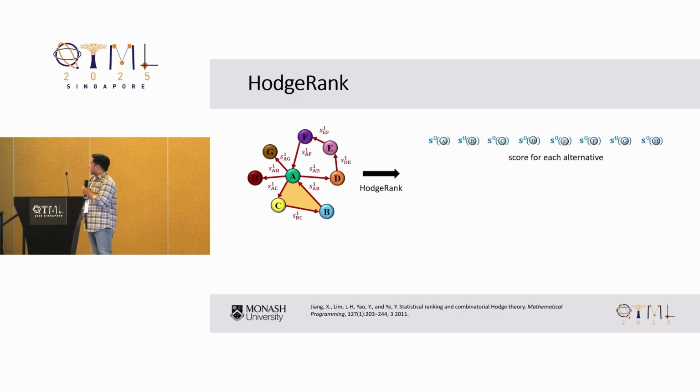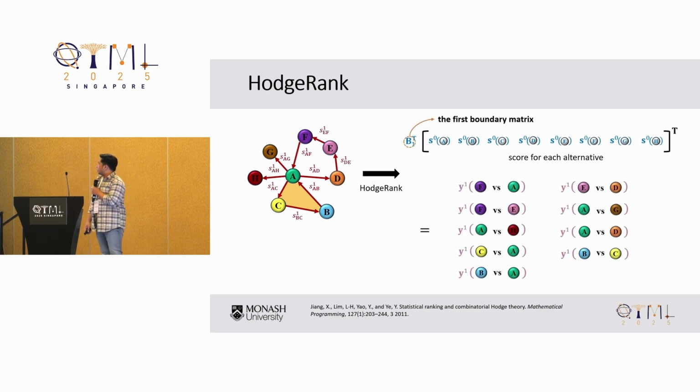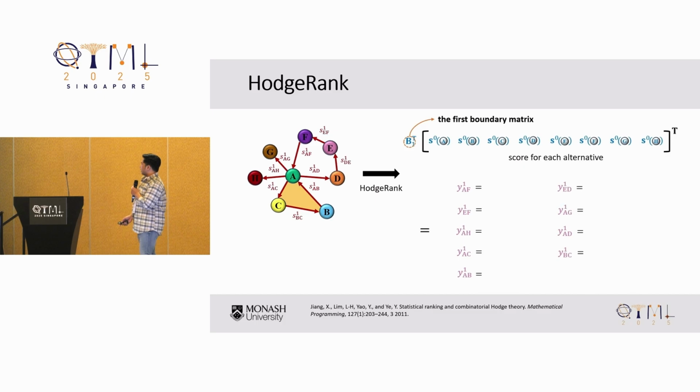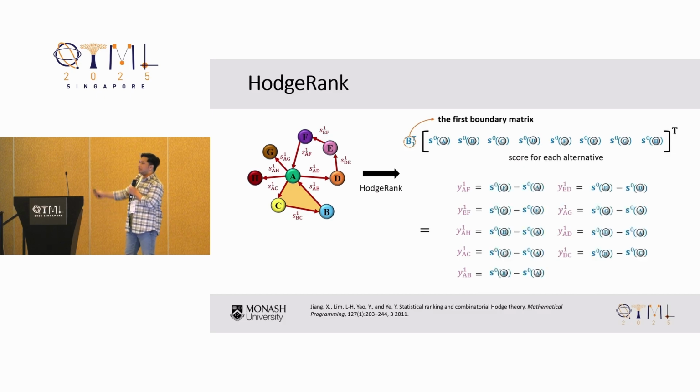If we apply the transpose of the first boundary matrix of this simplicial complex, we output the new assignment for each pair. And this assignment is just the difference between the two alternatives.